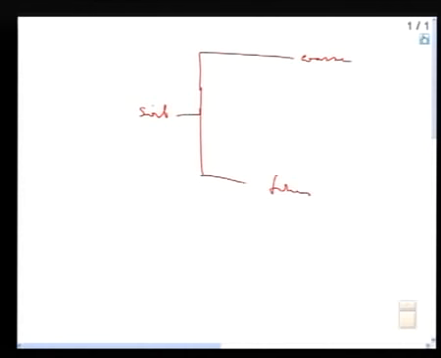Now, what is the borderline between coarse and fines? Coarse means gravel and sand. Fines means silt and clay. So coarse consists of gravel and sand, and fines consist of silt and clay.